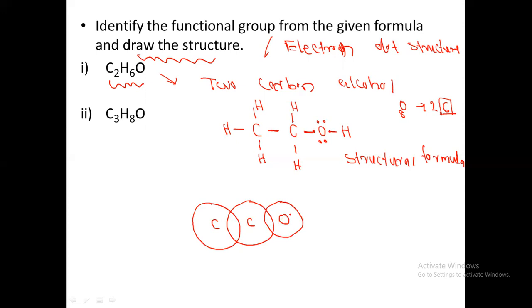And hydrogen is the smallest, so it should always be a small circle. So the first carbon has 3 hydrogens, the second carbon has 2 hydrogens, and OH has 1 hydrogen. Okay, clear?